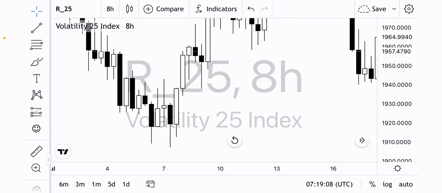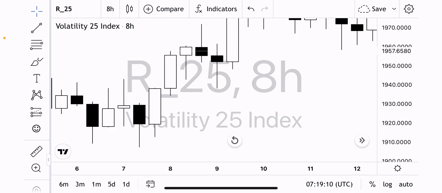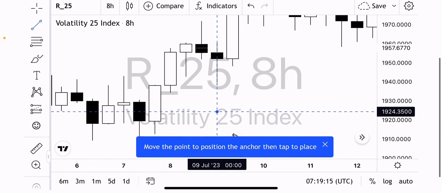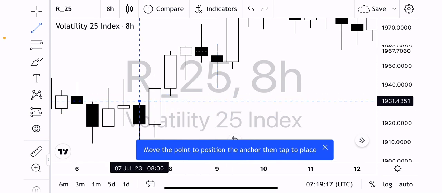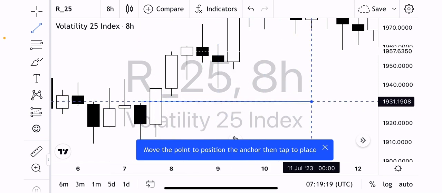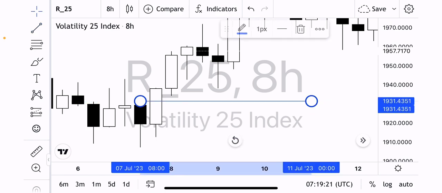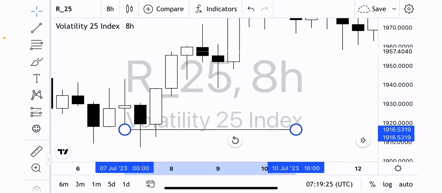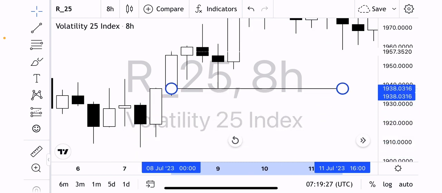So we have this candle. This is one candle. This is one, two, three.